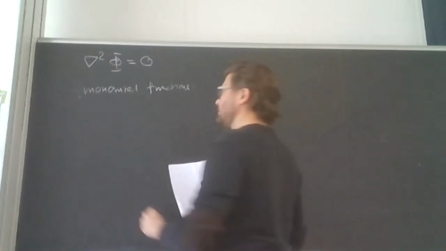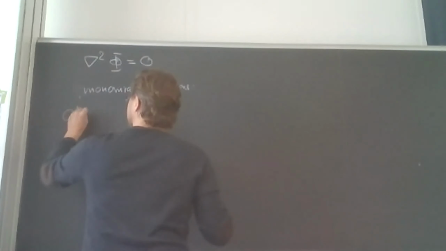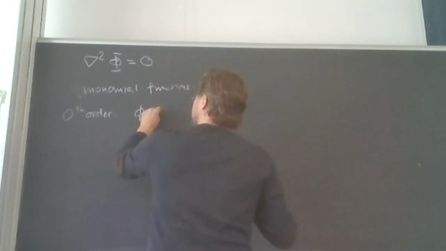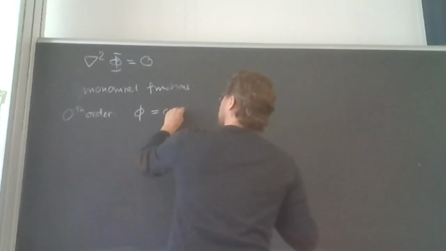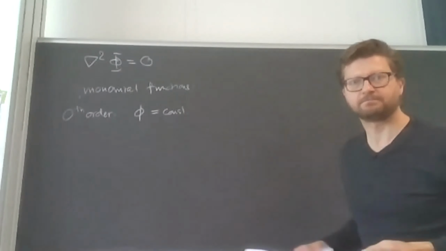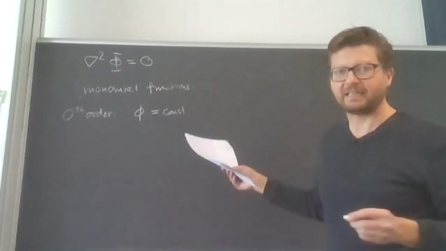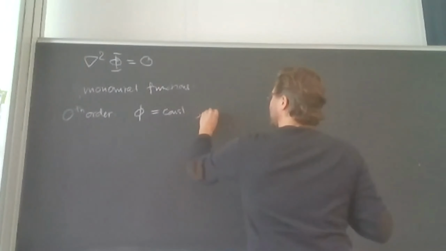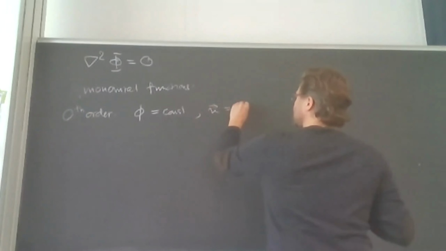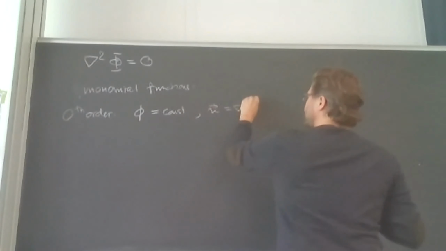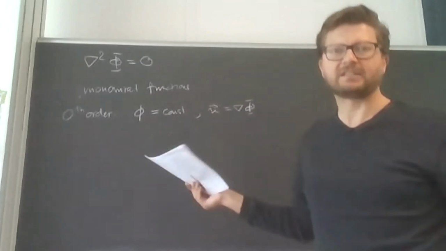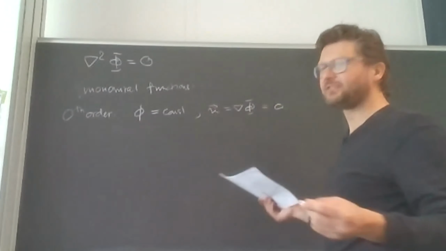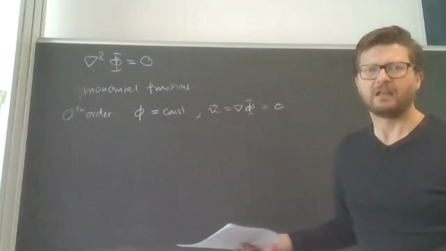Monomial functions. So 0th order is phi just a constant. Now that is a solution of the Laplace equation. And we know that u is the gradient of phi, but the gradient of a constant is also 0. So the velocity field it describes is 0.